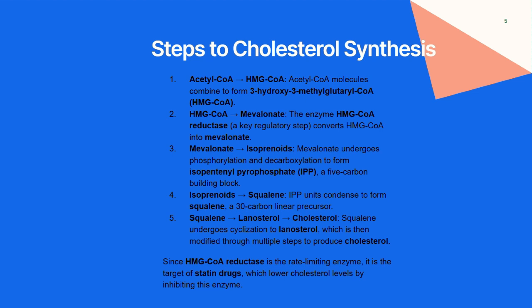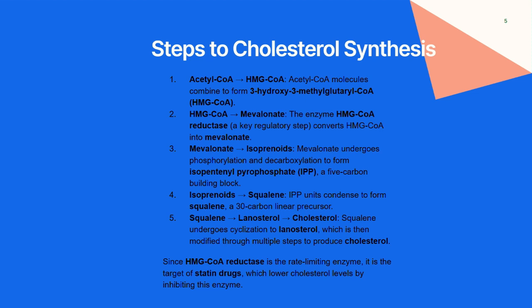The enzyme HMG-CoA reductase converts the HMG-CoA into mevalonate. Now, the mevalonate goes to the isoprenoids. The mevalonate undergoes phosphorylation and decarboxylation to form isopentenyl pyrophosphate, or IPP for short, which is a 5-carbon building block.